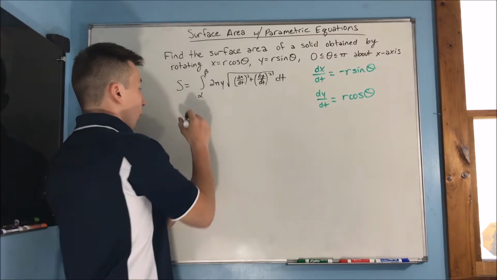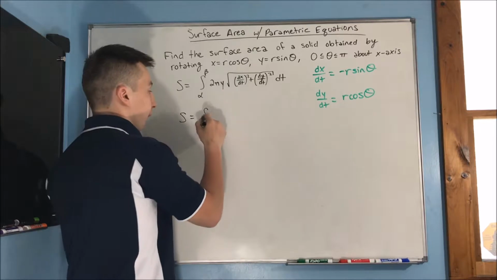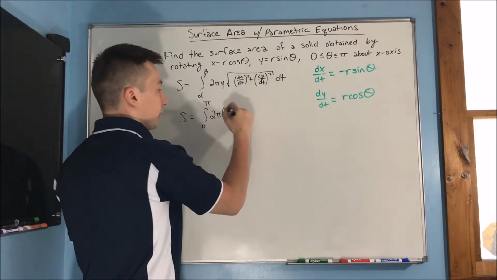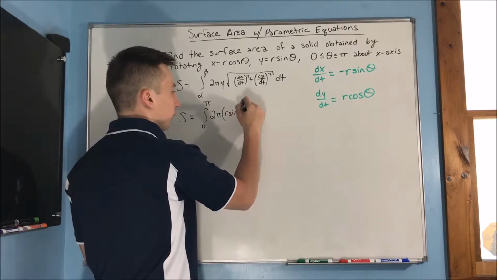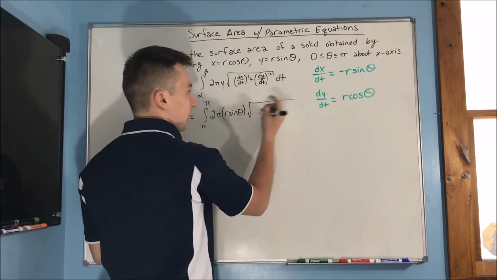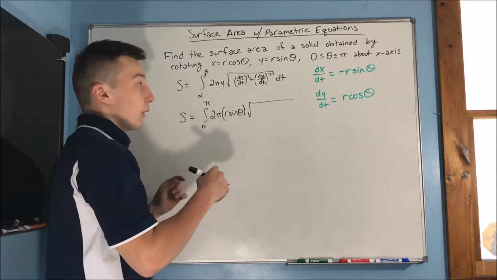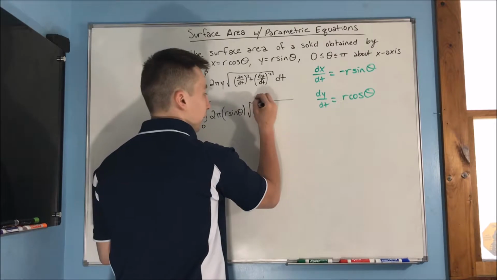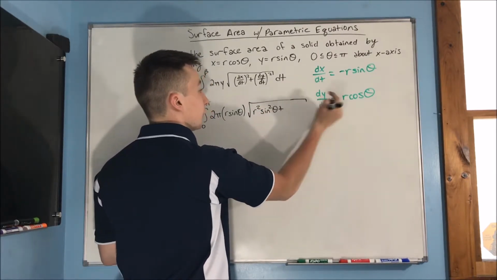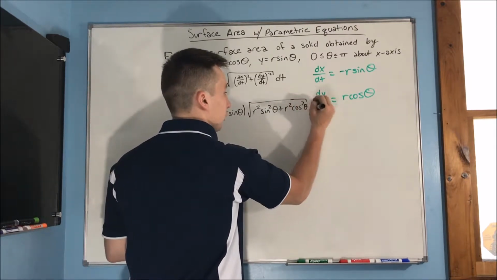We have that the surface area equals the integral from 0 to pi of 2 pi times y, which is r sine theta, times the square root of negative r sine theta squared. That'll be the whole thing squared, so that's r squared sine squared theta, added to this piece squared, which is r squared cosine squared theta, d theta.